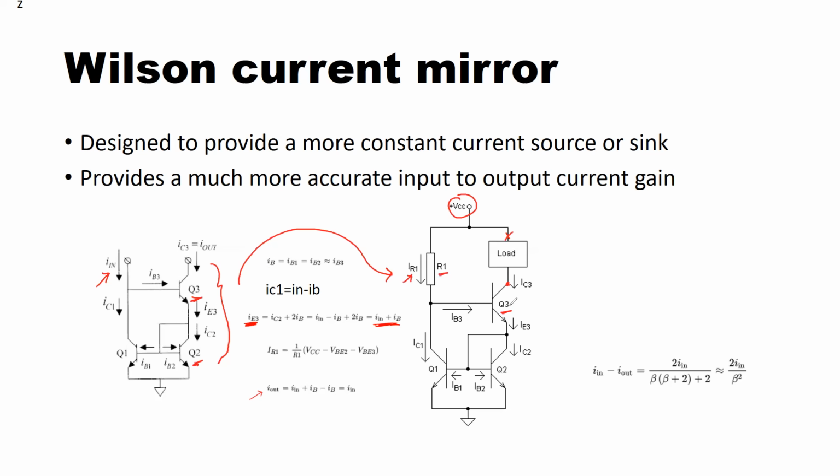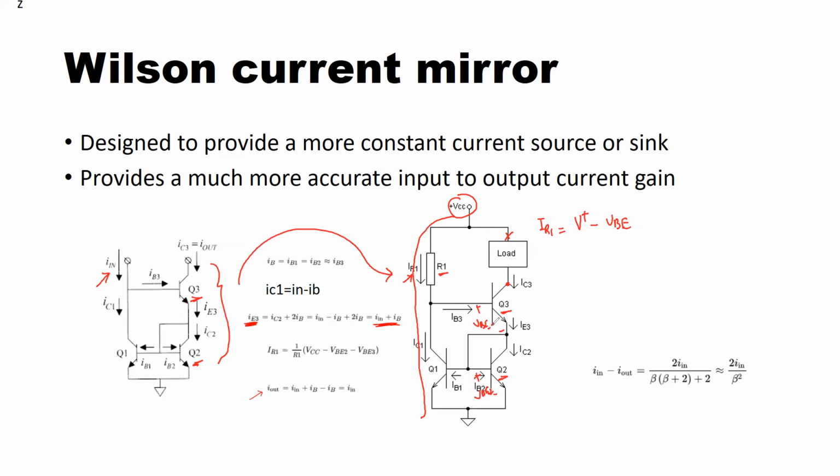Okay. So the current IR1 value can be set by applying KVL in this loop right here. So we can write V plus, and IR1 is to be calculated. So IR1 equals V plus minus VBE, that is the voltage drop across the second transistor, VBE2, and then there is this VBE3 also.